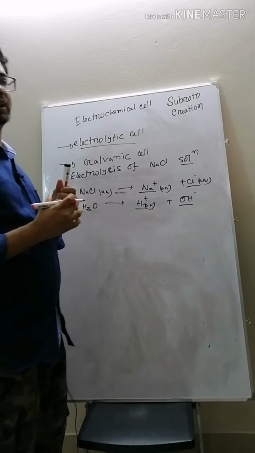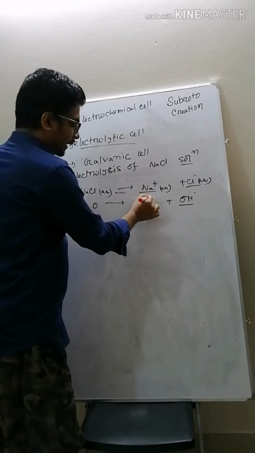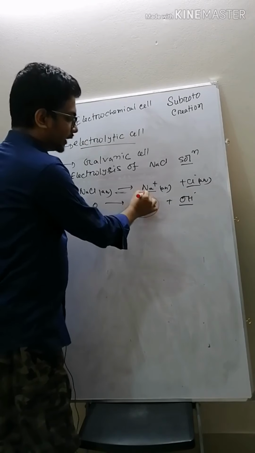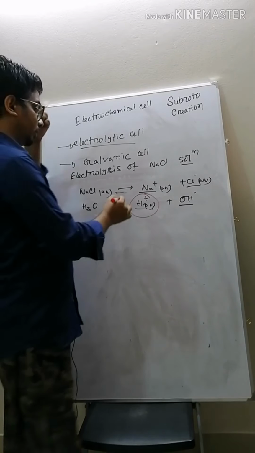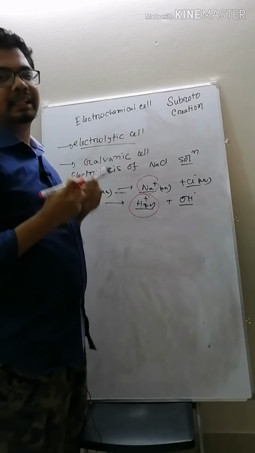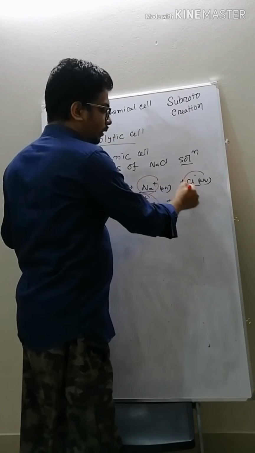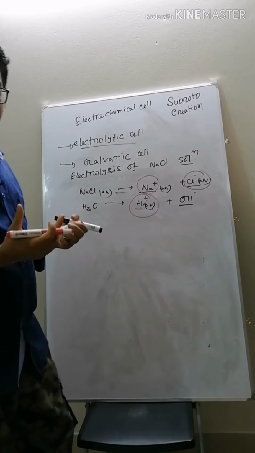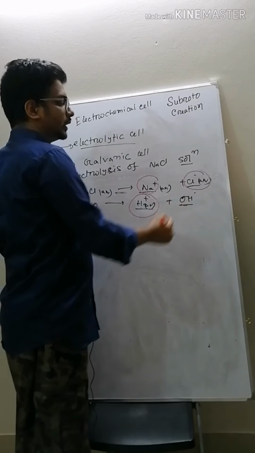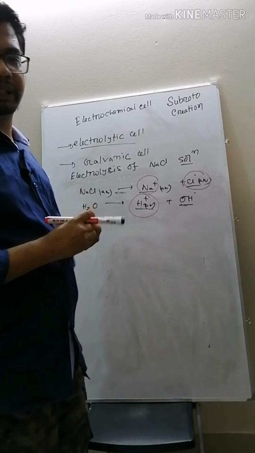From the series of activity, we know that the reduction potential of hydrogen is more compared to sodium. That's why it will take electron from the cell or battery, and the amount of chloride is high compared to hydroxide ion. That's why it will donate electron and it will produce chlorine.